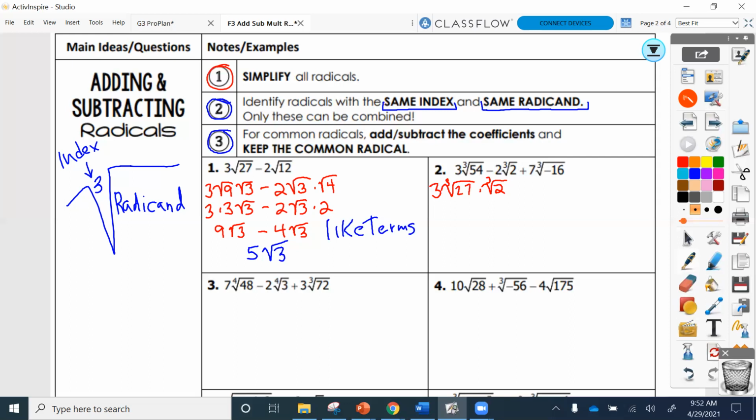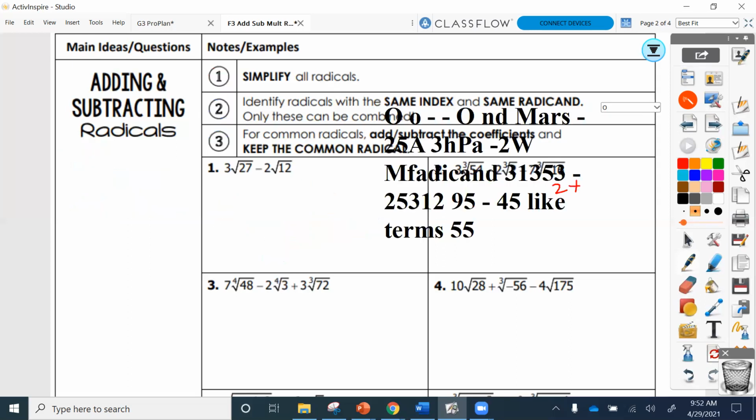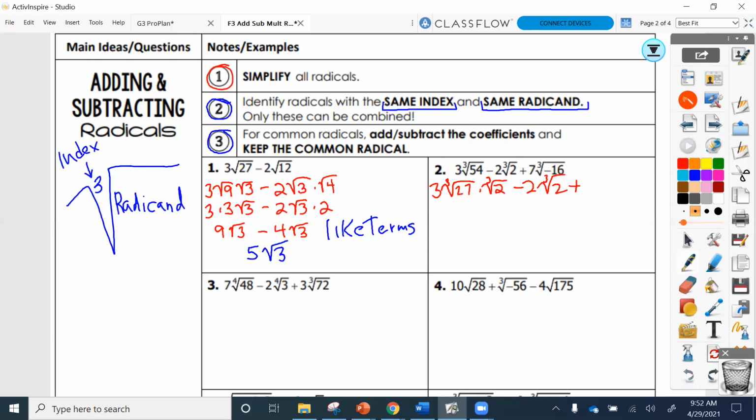All right, so now I'm going to bring down 2 cube root of 2. And 7 times the cube root. 1 perfect cube is 8.